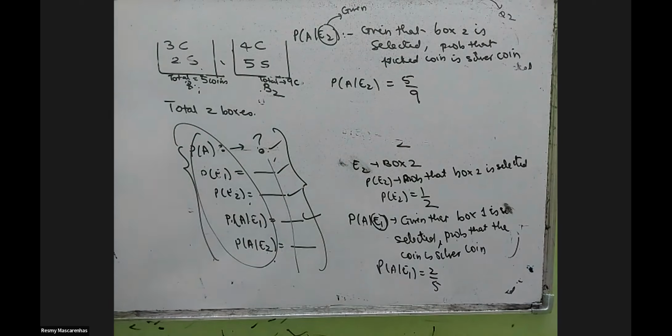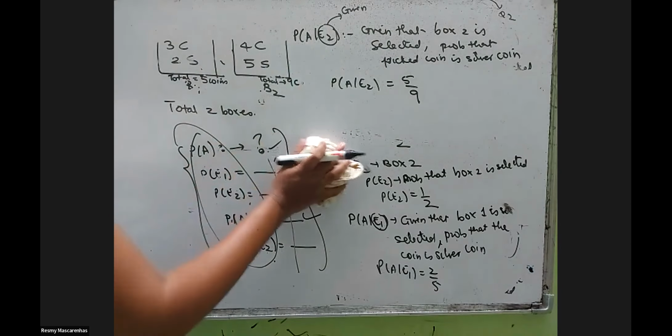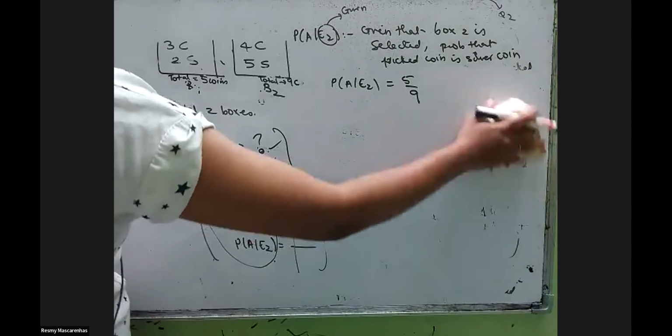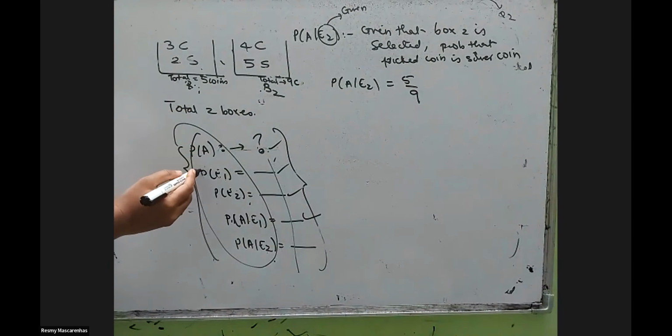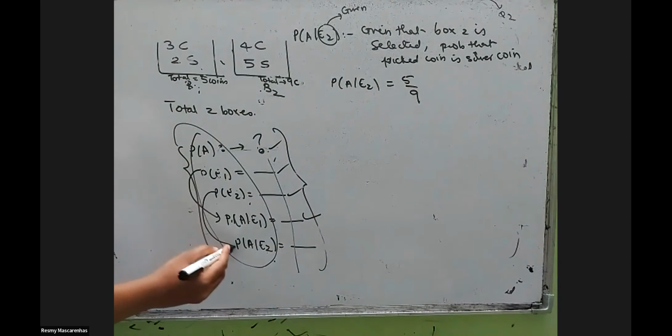Now just apply the theorem of total probability formula. The theorem of total probability says always this multiplied by this.